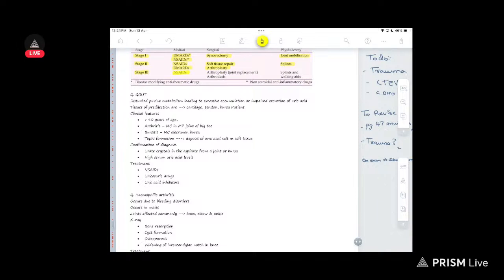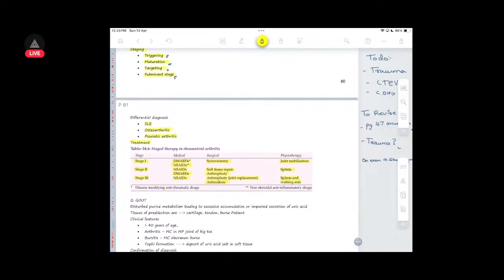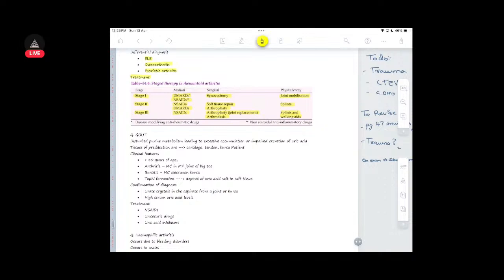Stage 3 is only NSAIDs, and arthroplasty, which is joint replacement, has to be done, and arthrodesis, which is fusion of joints, can be done, or you can do splinting and walking aids. So those are the stages. In stage 3, you cannot give DMARDs because it's already very much spread or a severe case. So this is the treatment, and most commonly you have to write more about DMARDs.